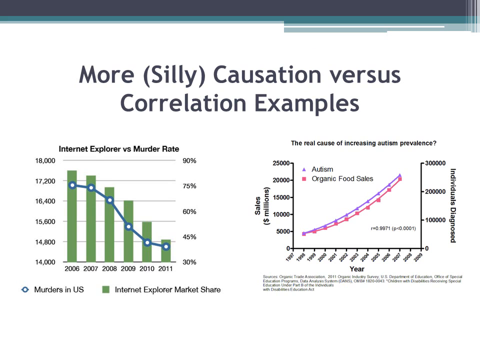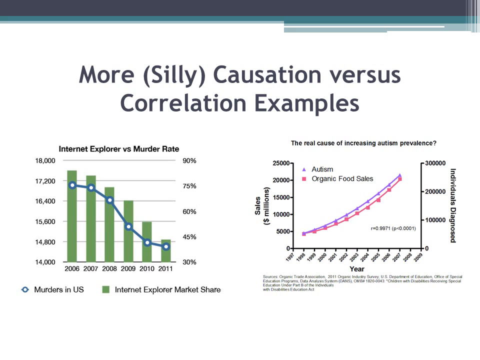And these are some more causation versus correlation examples that are kind of ridiculous. So on the left, we have Internet Explorer versus the murder rate. And what you'll see is the less people who use Internet Explorer, the less people who are murdered. And I can pretty much guarantee that Microsoft is not causing people to murder less by getting rid of Internet Explorer.